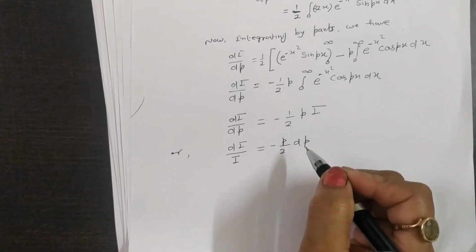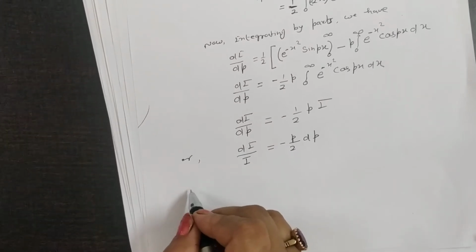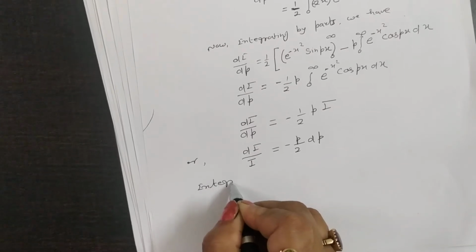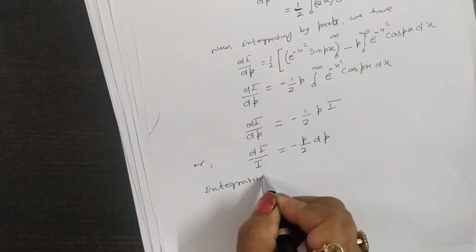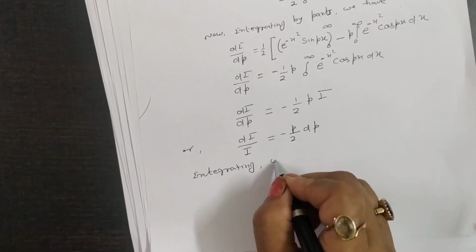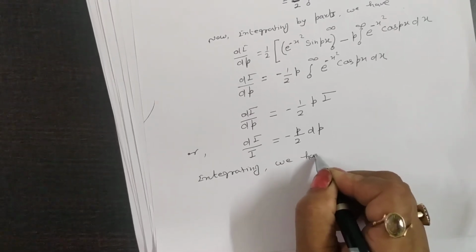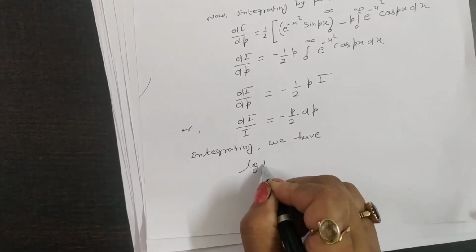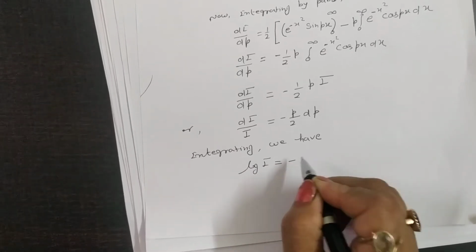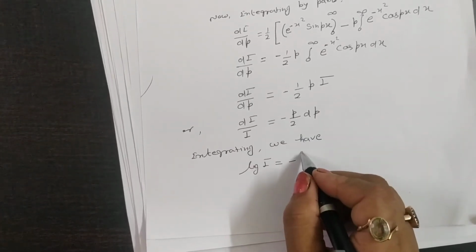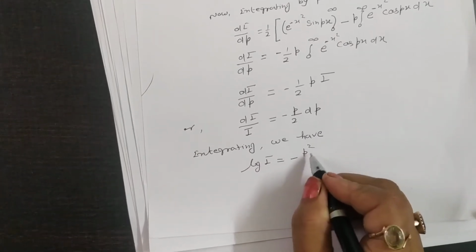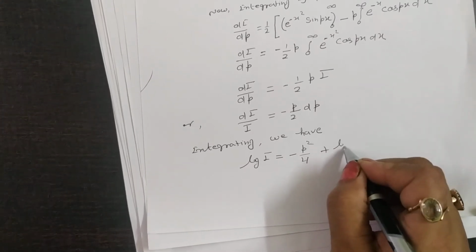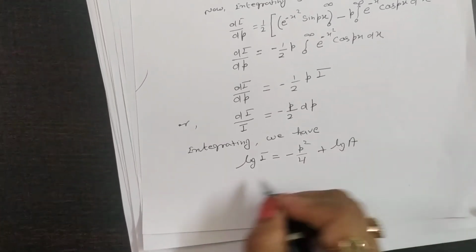Okay students, integrating we get log of I equal to minus p square by 4, plus a constant, let us say log a.